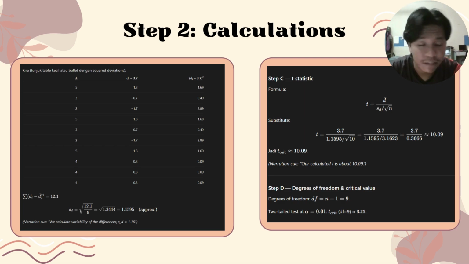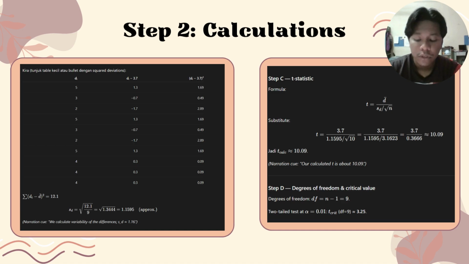Sorry, I mixed it up. But yeah, we have all the things that we got. So we just put it all in the formula, and we're going to have t equals 3.7 over 1.1595 over square root 10. So solve it, and we're going to get 10.09.